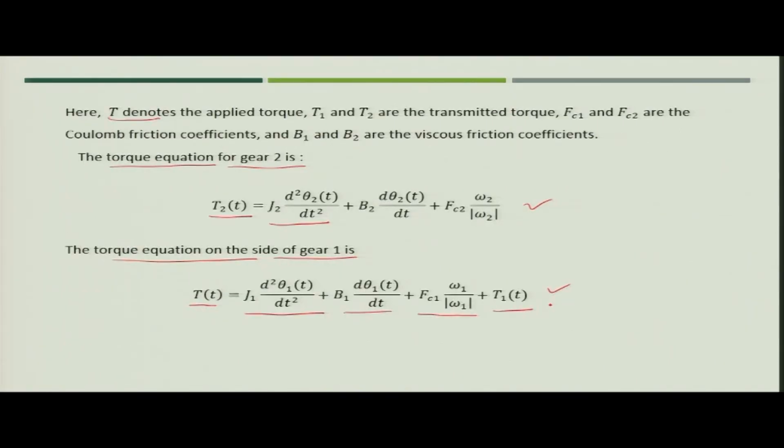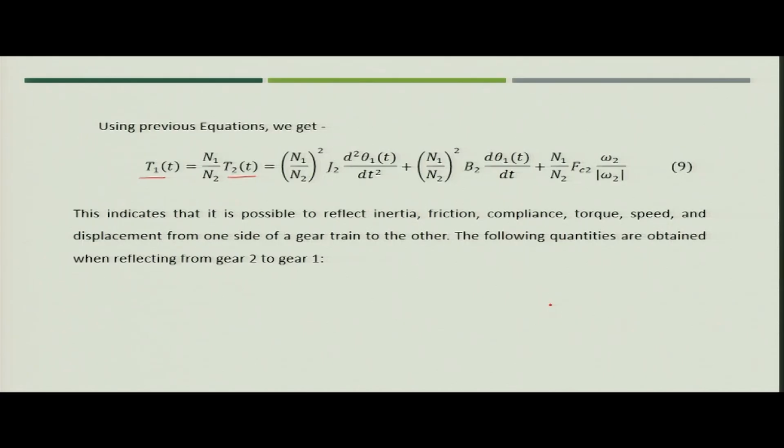So, we use these correlations and finally, when we simplify we get T1 as equal to N1 upon N2 square J2 d2 theta 1 by dt2 plus N1 upon N2 square B2 d theta 1 by dt plus N1 upon N2 Fc2 omega 2 upon mod of omega 2.